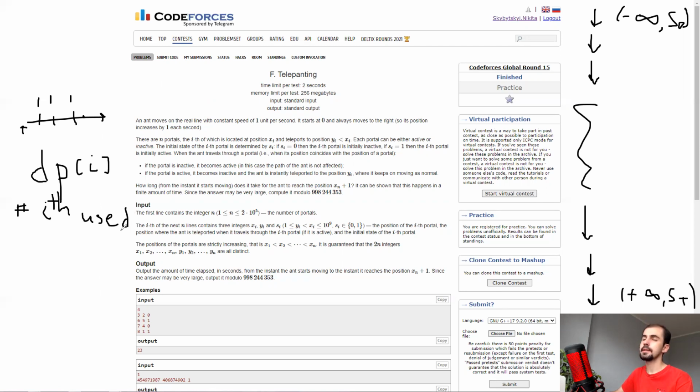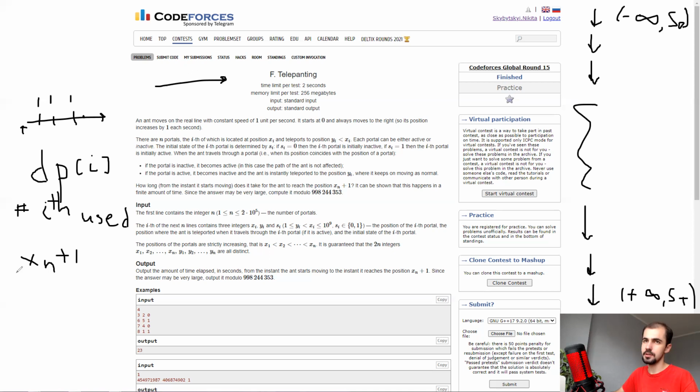Why is it important? Well, if we know each dp of i, then the answer is, I believe, xn plus 1, because we have to cover this distance, but then we may have some teleports backwards. Teleports backwards don't count themselves, but what counts is that because we had a teleport, we have to manually walk back.